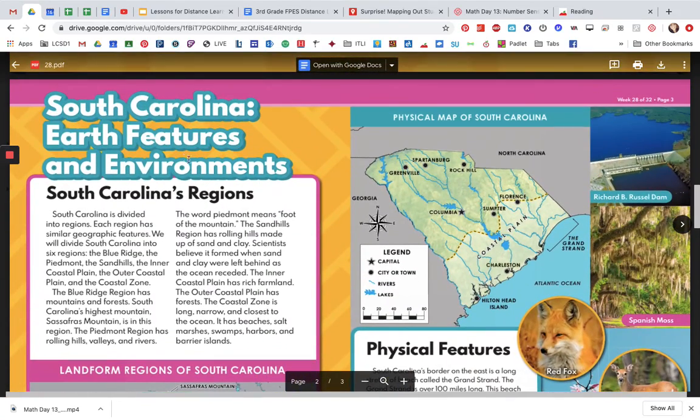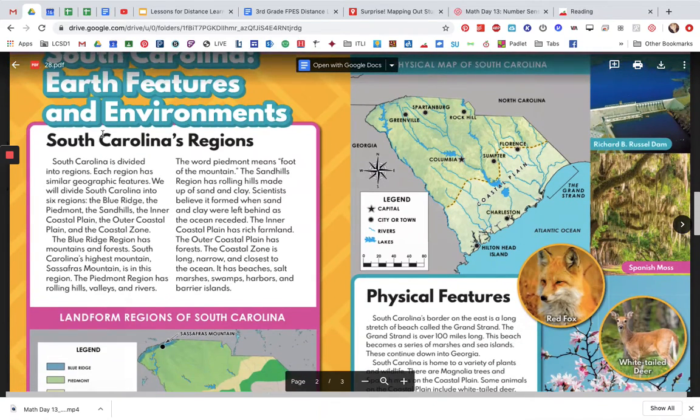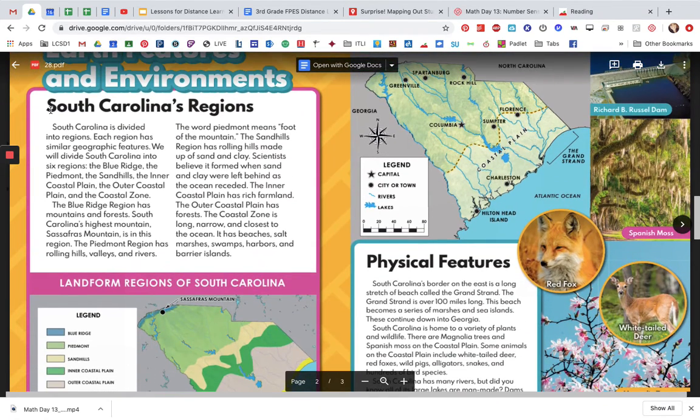South Carolina, earth features and environments. South Carolina's regions. South Carolina is divided into regions. Each region has similar geographic features. We will divide South Carolina into 6 regions: the Blue Ridge, the Piedmont, the Sand Hills, the Intercoastal Plain, the Outer Coastal Plain, and the Coastal Zone.